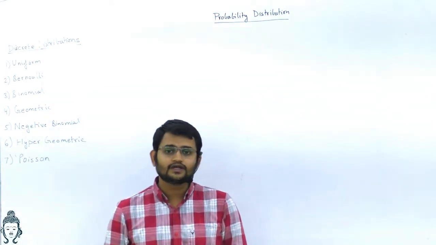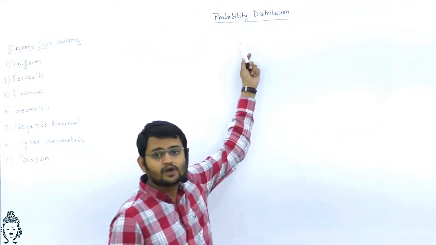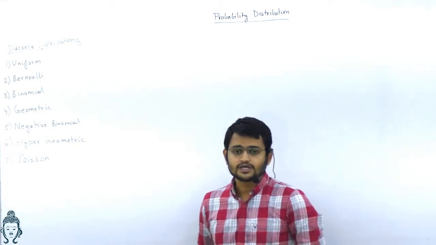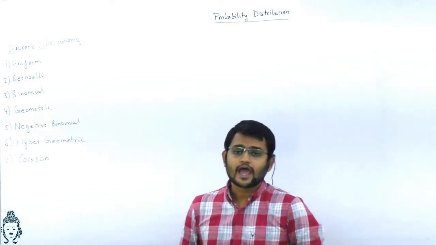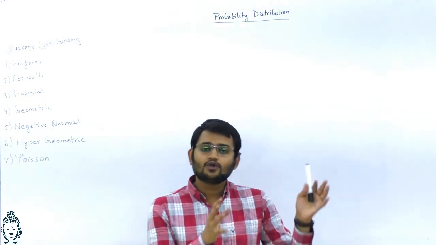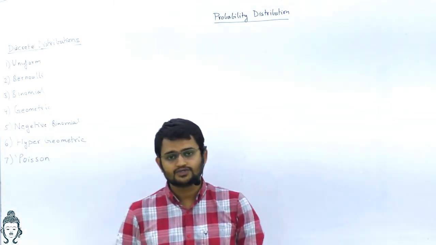So what we have done is we have made some generalized probability distributions using some formulas, and we have found that the majority of our data will follow one of these probability distributions.